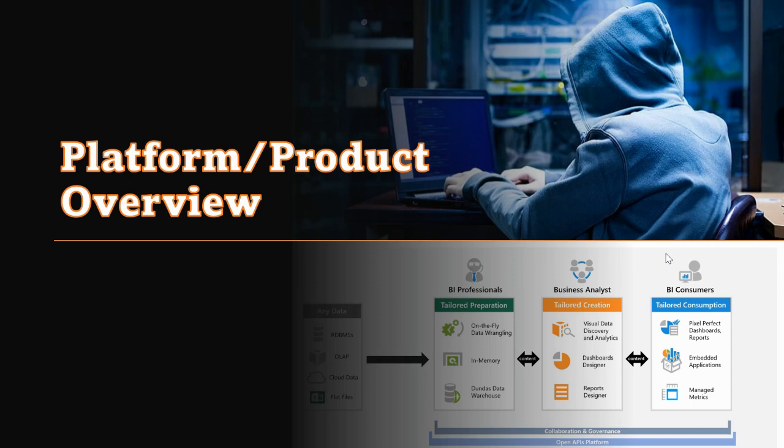This is another key step, because if we have not understood the product well, and are not sure of the entry and exit points of the particular product or platform, where the traffic is coming in and going out, then we won't be able to pinpoint the loopholes present in the system. So this is another major step in security auditing, where one must evaluate the product overview: what is the entry point and what is the exit point. That's the important step.